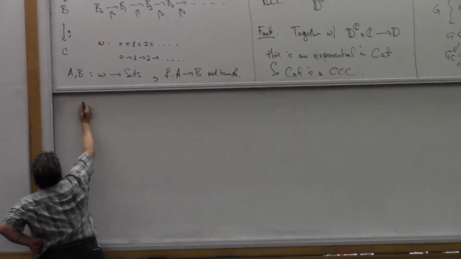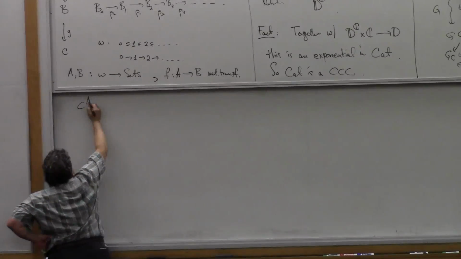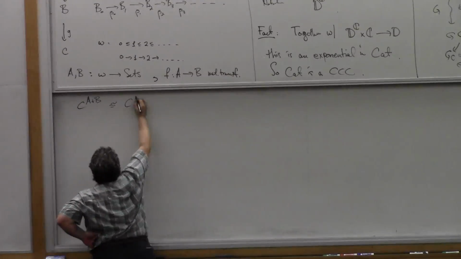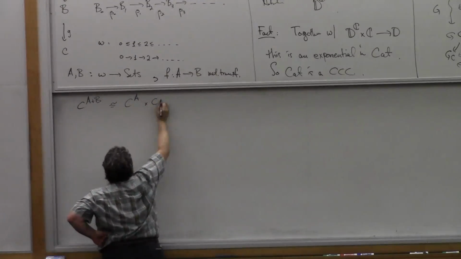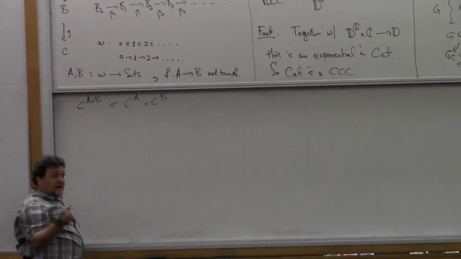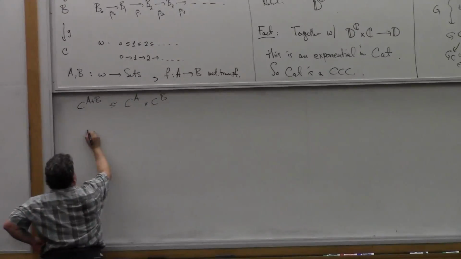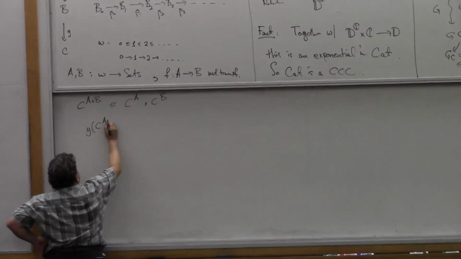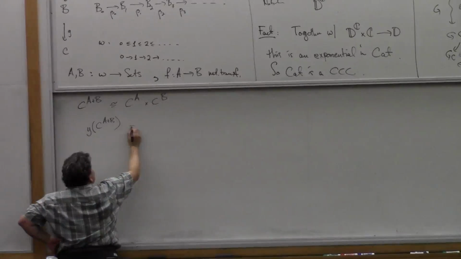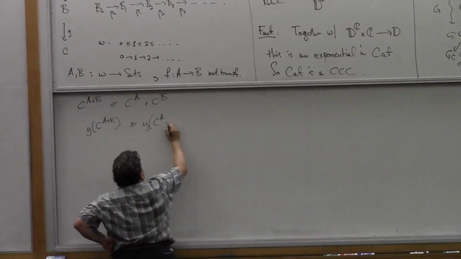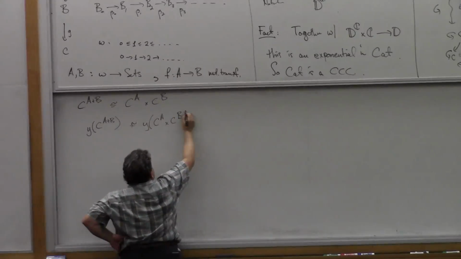So I want to show that C to the A plus B is isomorphic to C to the A cross C to the B. But of course, I'll use the Awodey principle now, and I'll show instead that y of C to the A plus B is isomorphic to y of C to the A cross C to the B.